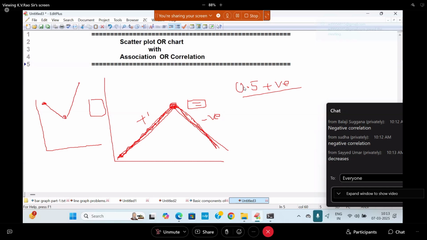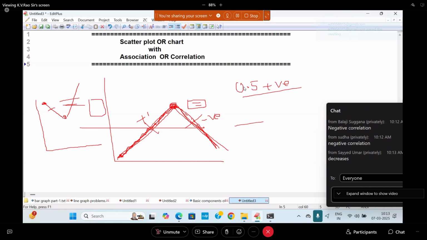That is also called 0.5 negative correlation. The first can be taken as 0.5 positive because it goes up and then falls down, and here it falls down and then goes up. Both can be taken as plus or minus 0.5 positive correlation, plus or minus 0.5 negative correlation.